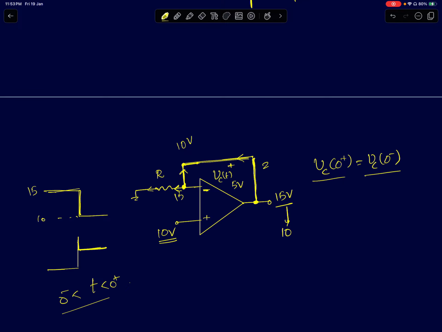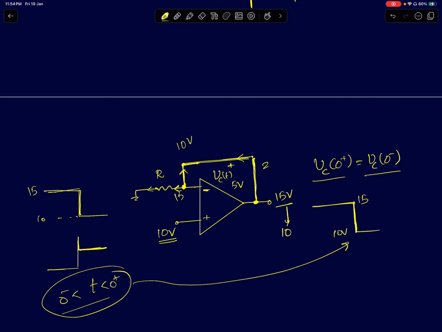To give a very crude way of looking at this, the output voltage will start at 15 and jump to 10 volts in the interval 0 minus to 0 plus. It will have a sudden jump from 15 to 10 volts.